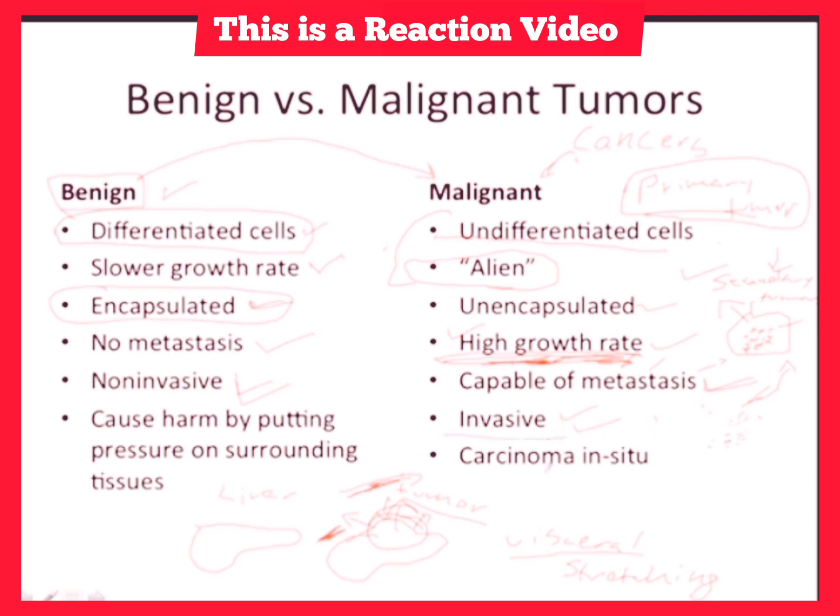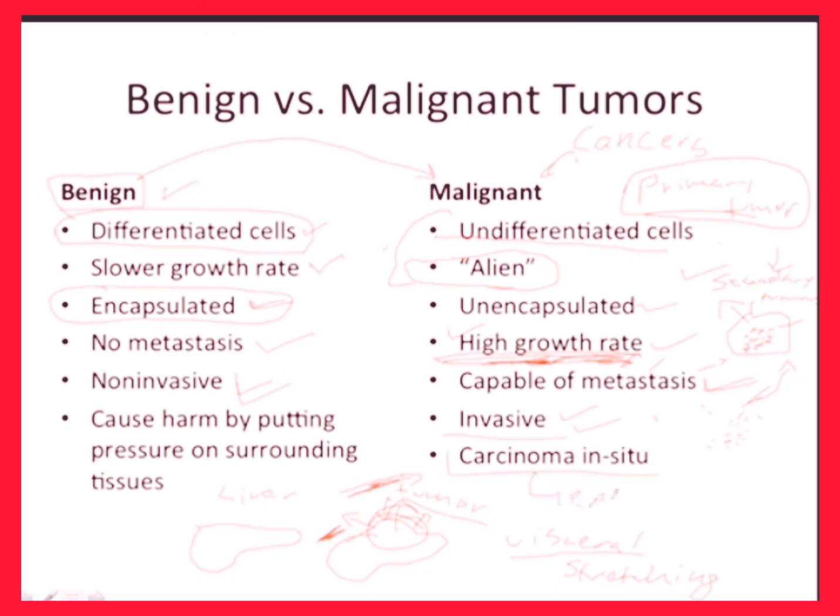Now, this term here, carcinoma in situ. First off, when you see the word carcinoma, basically this is a tumor of epithelial origin. Remember, a sarcoma is of mesenchymal, connective tissue origin. When we say carcinoma, this is an epithelial tumor.